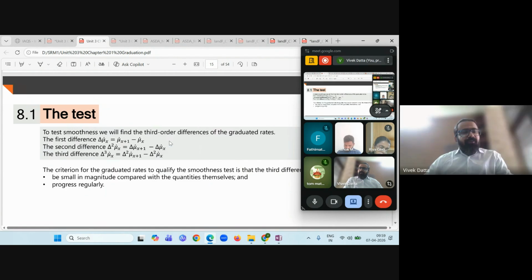So homework for you is to do all the sums in which you've got crude and graduated rates, their test for smoothness, at least 2 of those sums for practice. Okay, clear?